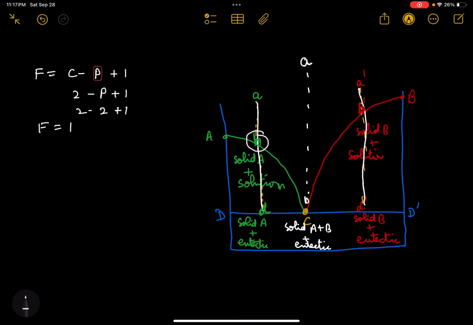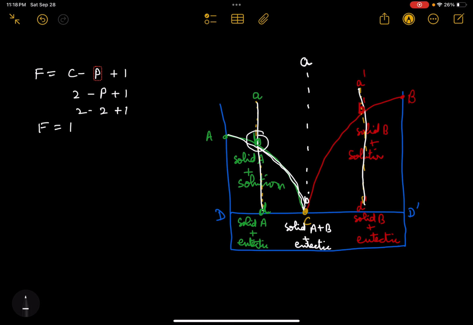As cooling is continued below B, more and more A separates out and the solution becomes richer and richer in component B. Temperature and composition both change along the curve BC.